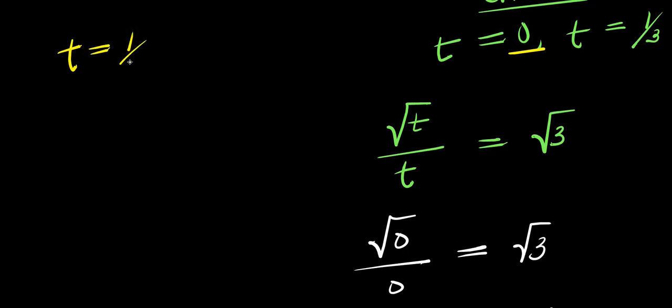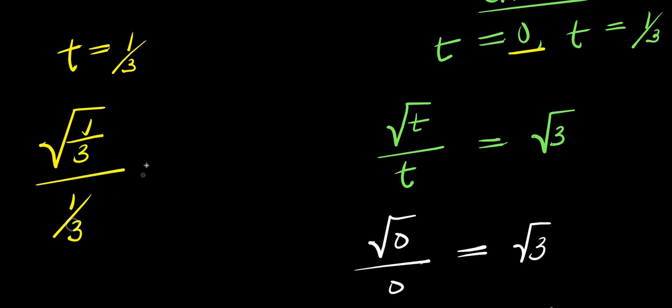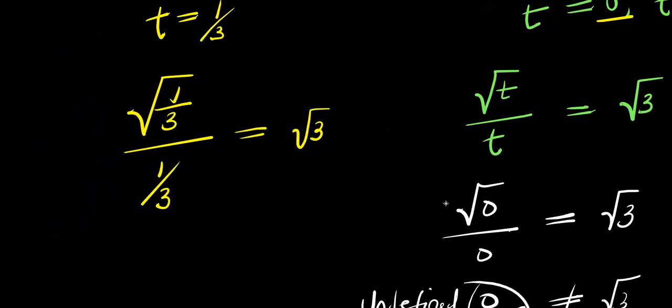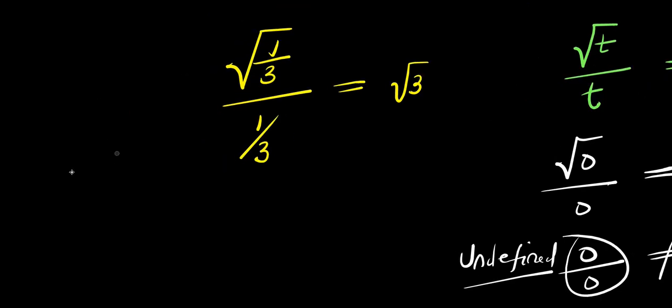Let's consider t equals 1 over 3. If t equals 1 over 3, I have square root of t, that is square root of 1 over 3, divided by 1 over 3 equals square root of 3. Now, if you have square root of a divided by b, this equals square root of a divided by square root of b.